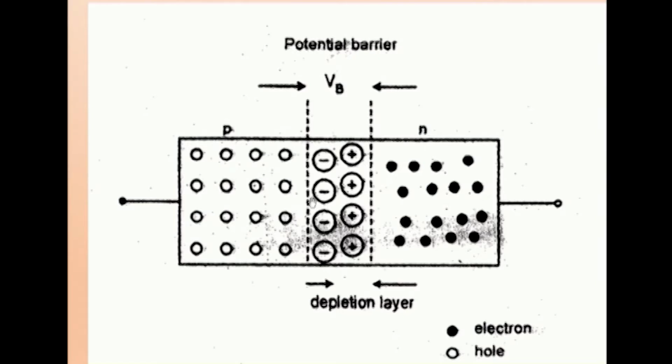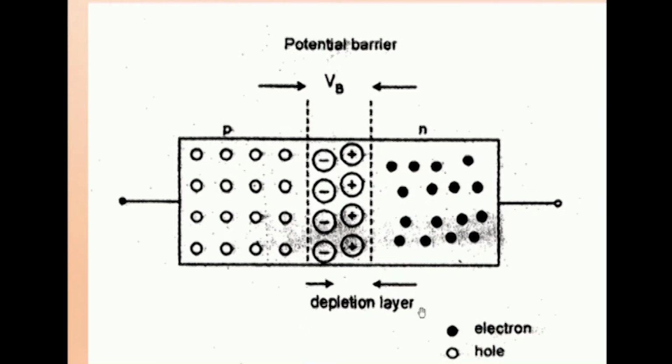Therefore, it will take an equilibrium position. So this will cross over and then stay there. As a result, some potential is created. It is acting like a small battery, positive and negative. That is called the barrier, because this is the p-type and this is the n-type. The barrier is this, so it is called the barrier potential.